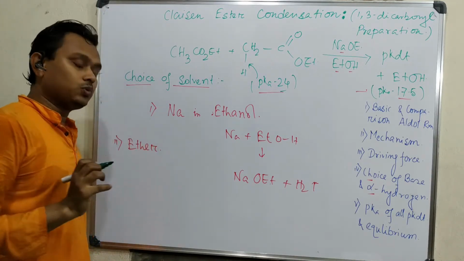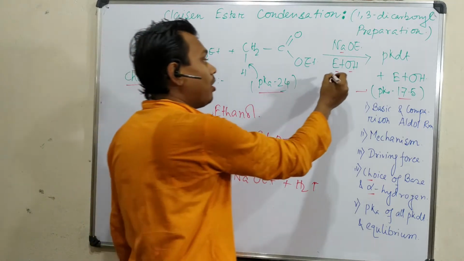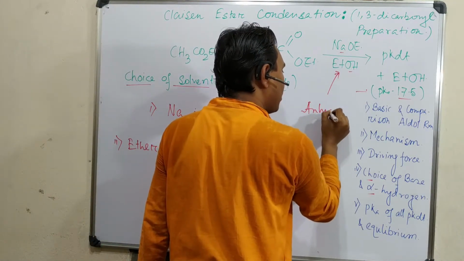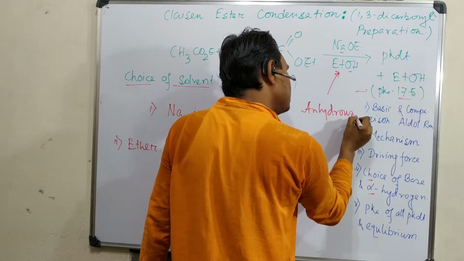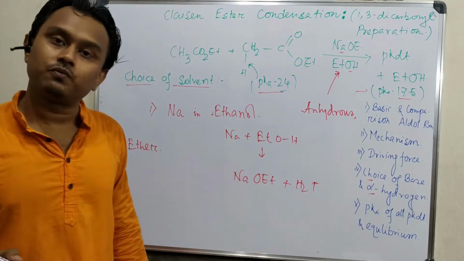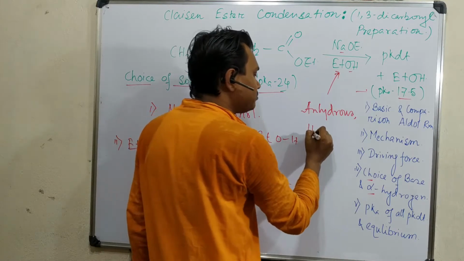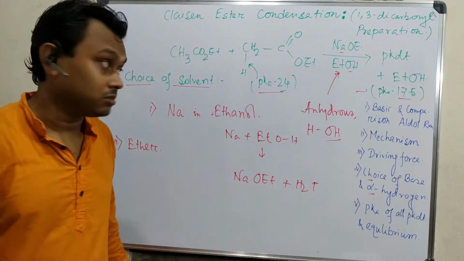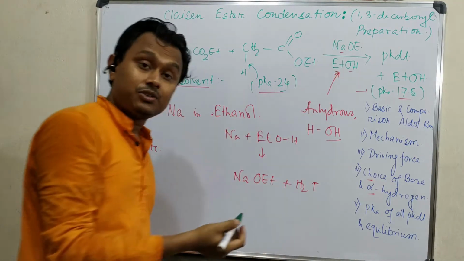Okay, and another important thing, it is very difficult to get anhydrous alcohol. What we are trying to solve is the problem of ethanol; if in the medium there is water, that is more acidic, so it's a bigger problem, and it is very difficult to get anhydrous methanol.